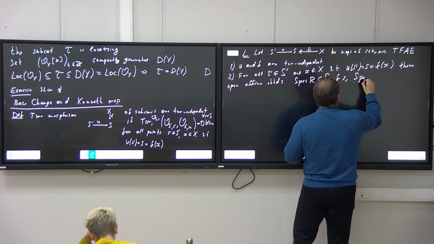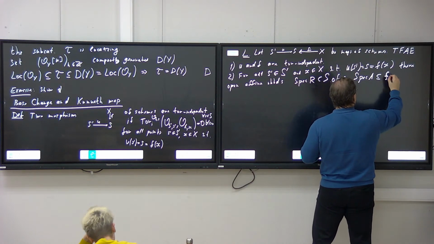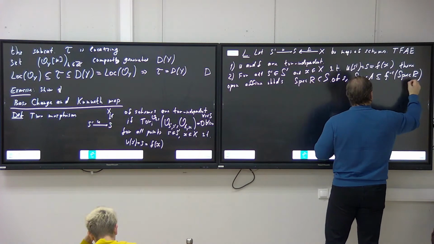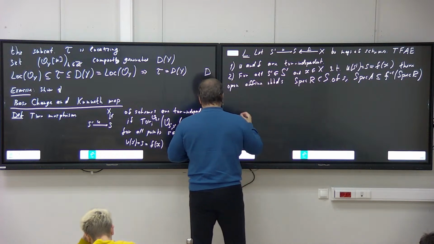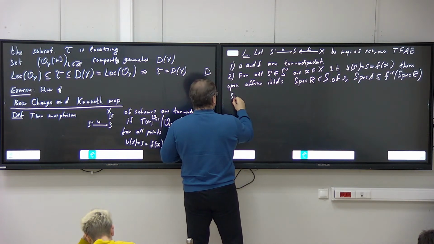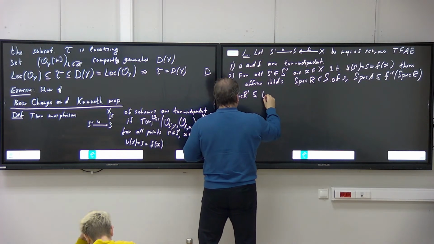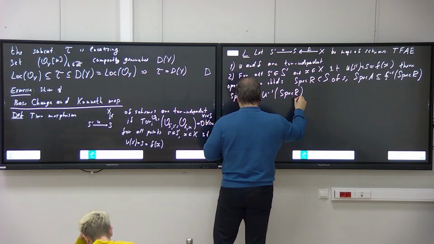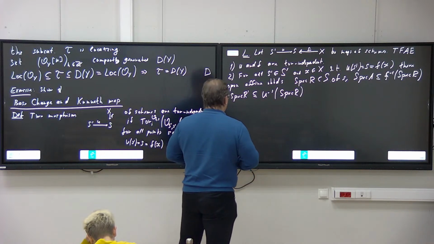Then there is Spec A, which is in the pre-image under F of Spec R, and that's an affine neighborhood of x. And also there is Spec R prime, which is in the pre-image under the map U of Spec R, an affine open neighborhood of s prime.